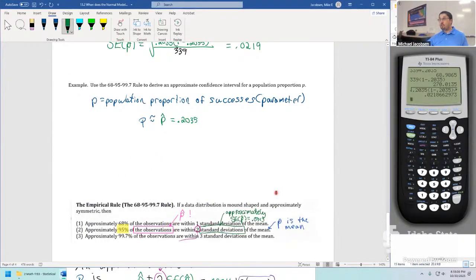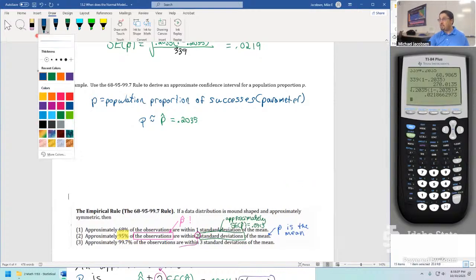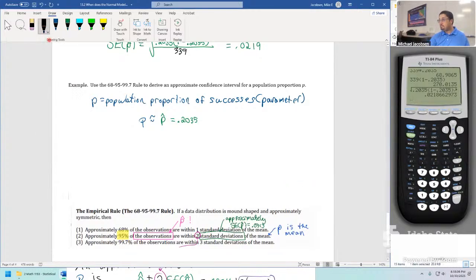And this rule is followed by the normal distribution. So we can now say an approximate 95% confidence interval. This is what the next section is all about.